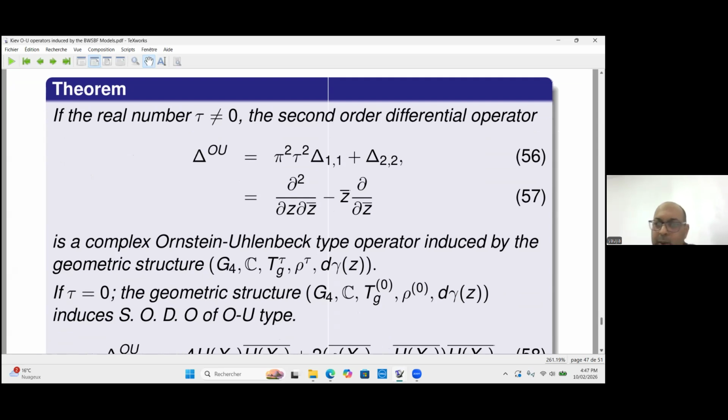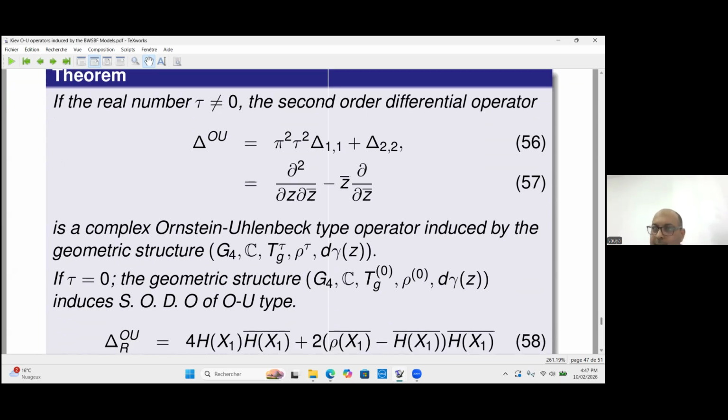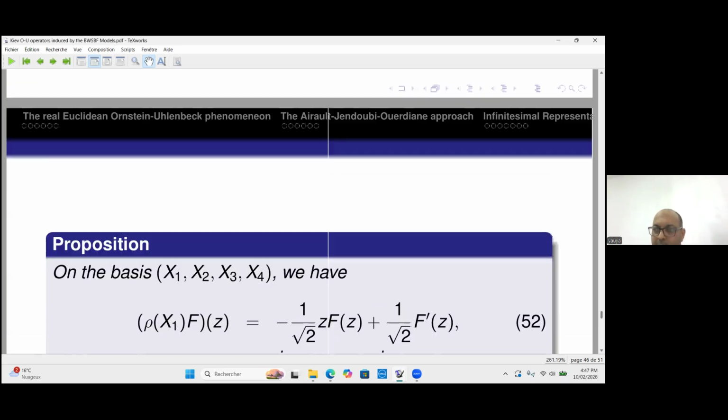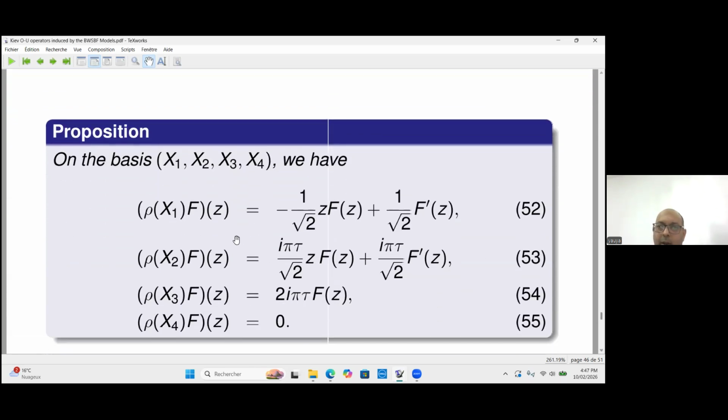And if tau equal to 0, we have another expansion, because if tau equal to 0, we have here one generator rho x1 in this case. All the other three operators are 0.